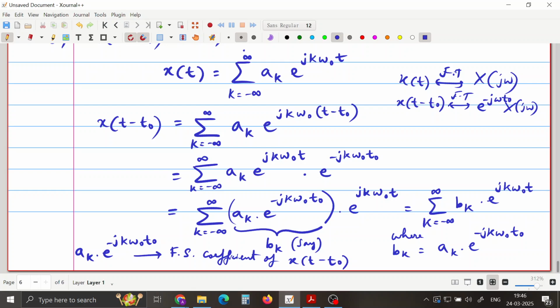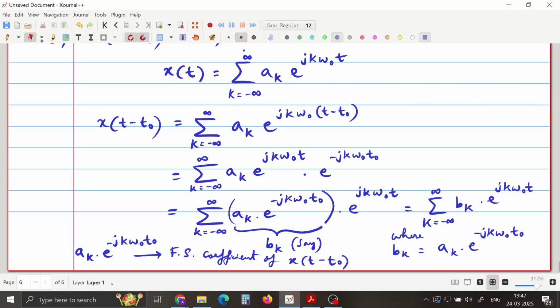So a similar thing is also happening here in the Fourier series coefficients. So this is one property. What happens to your Fourier series coefficient if you shift your signal in the time domain?